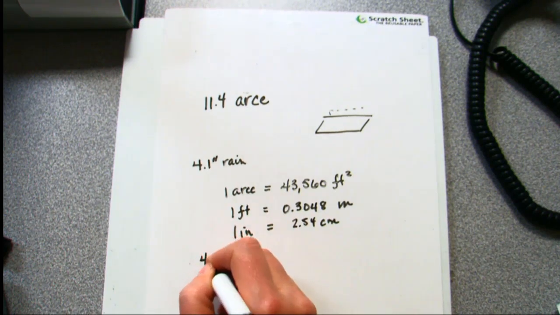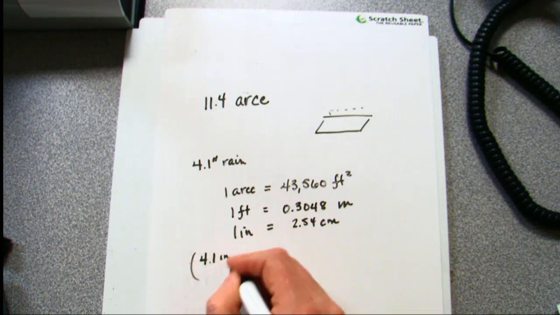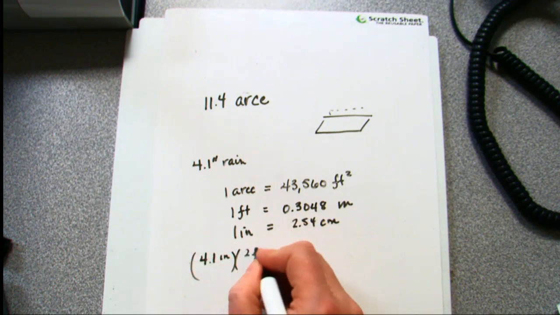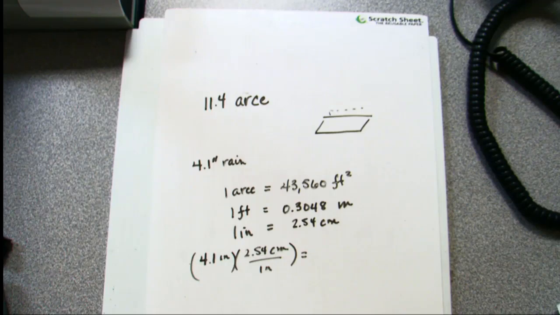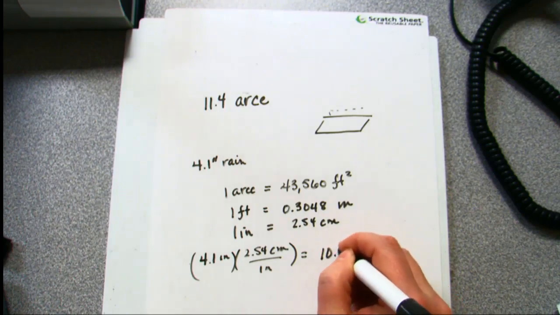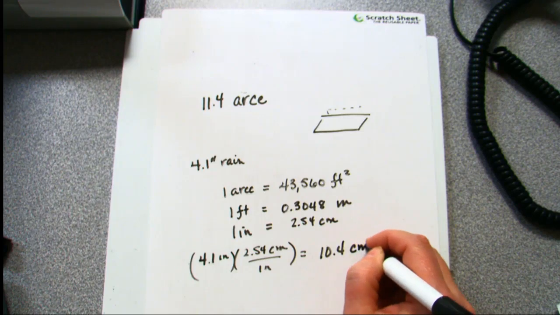So I'm going to take my 4.1 inches, that's 2.54 centimeters per inch. 2.54 times 4.1 gives me 10.4, and I'm just going to leave it to 3 significant figures, 10.4 centimeters.